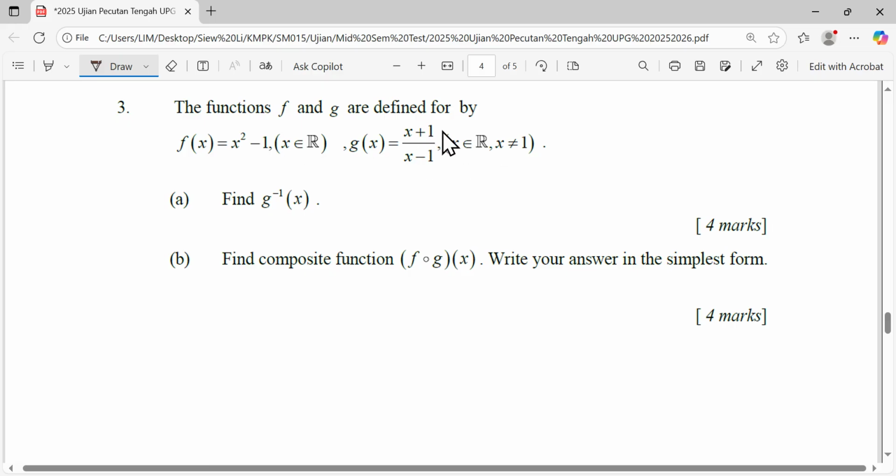Also, this is a general rational function without restriction, just the denominator cannot equal 0, so x cannot equal 1. General condition for the function. For the first one, to find g inverse. So bear in mind, for g inverse, please use the latest syllabus, which is the composite method.